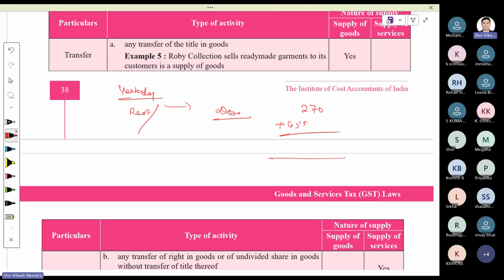The waiter serves me. So some kind of services element is there, so it may become a service. And again, if we think in this way, dosa is a material thing, sambar and chutney are material things, so it is a supply of goods.